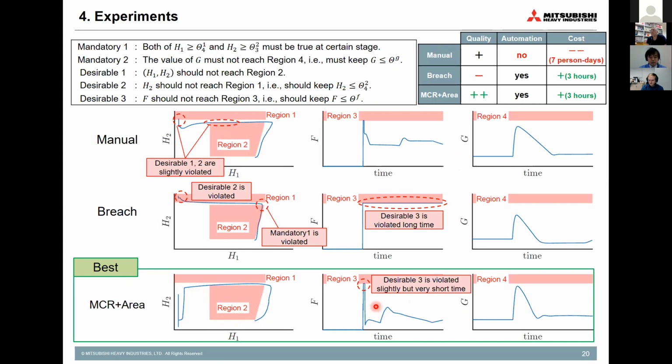We think that scale-free optimization by MCR contributed to finding a parameter which satisfies these requirements effectively. The other one is that MCR plus area violates desirable 3 only slightly, and for a very short time. We think that the robustness of area modality contributed to shortening the temporal violation.